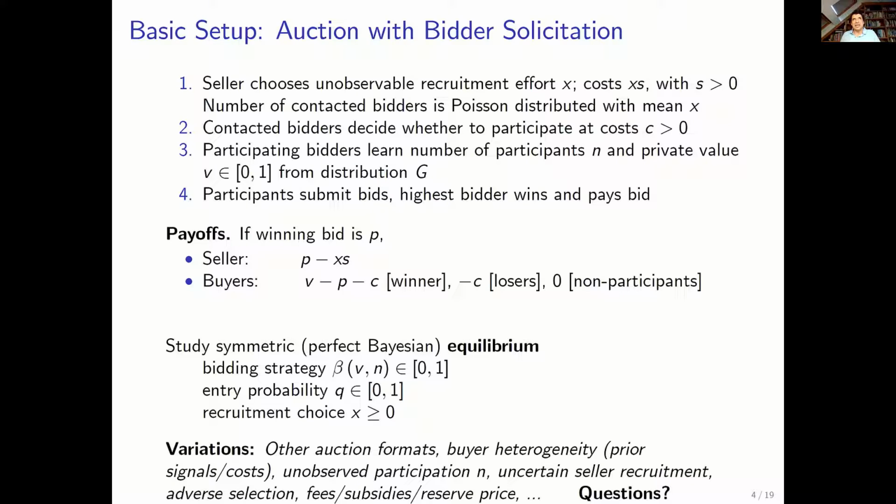But to me, the key piece of information would be a general idea of how many bidders there were, not how much effort you put into the auction as a seller. Is there any modification where the bidders have some idea of how many other bidders there are? Because that's, to me, much more important than how much recruitment effort. In fact, the recruitment effort is more likely to be observable in the first place. It's just the number of bidders.